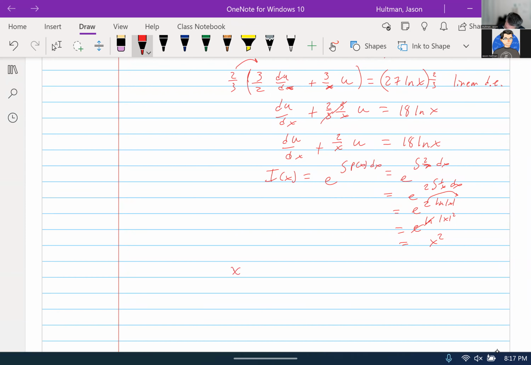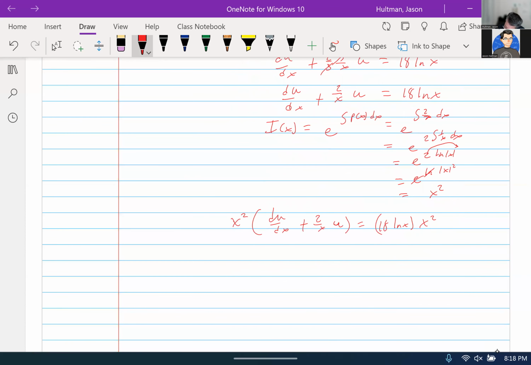Okay, so we're going to go x squared times du/dx plus 2/x u is equal to 18 natural log x times x squared. Okay, so this is going to become x squared du/dx. Distribute that, and I get plus 2x u is equal to 18x squared ln x.